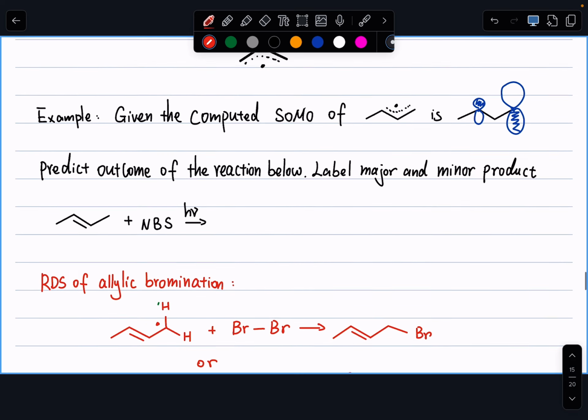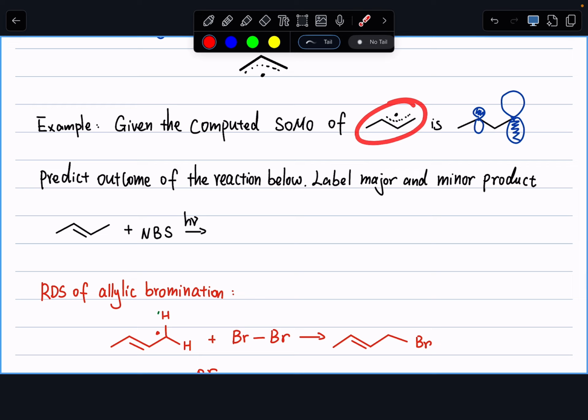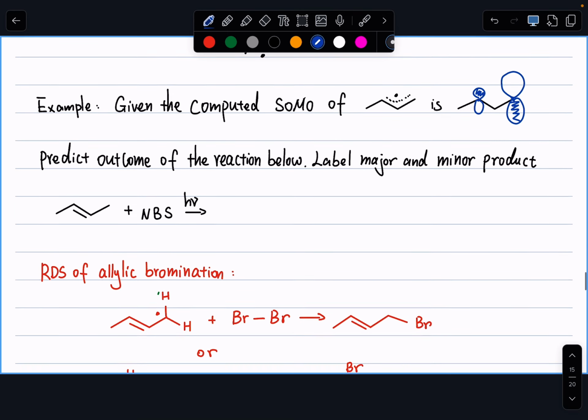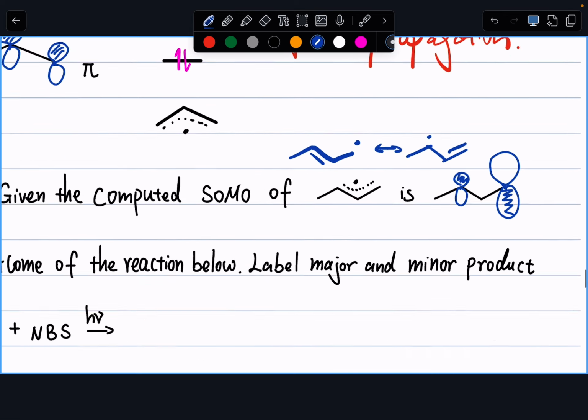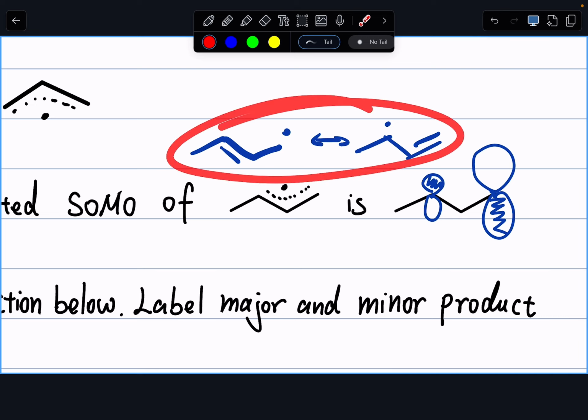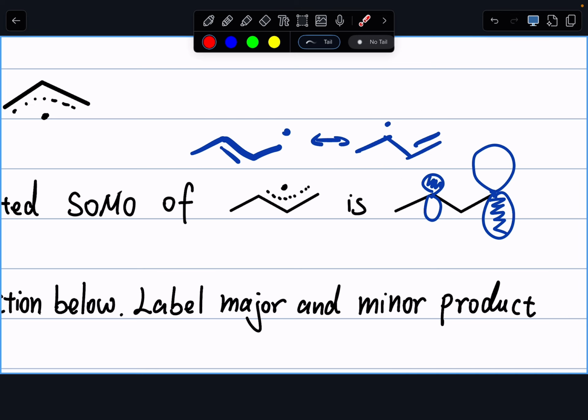So that means if we have this kind of linear allylic molecule, or the other way to put it, this is the same as writing this in resonance with this. Using the resonance structure alone, one would expect this terminal radical to be less stable, but it's not the case.